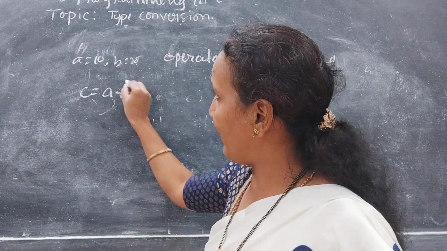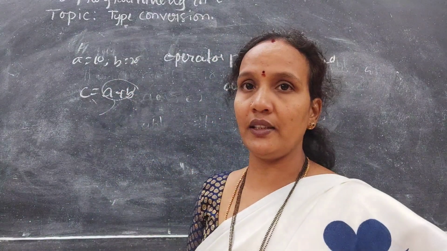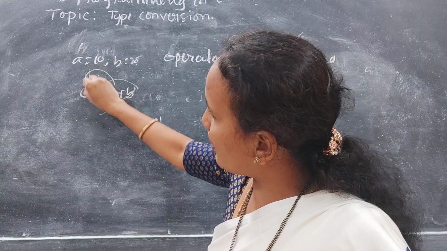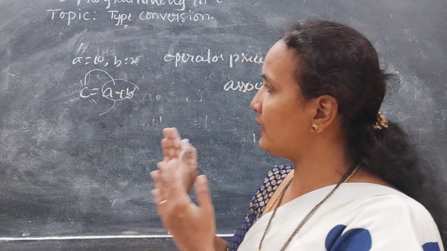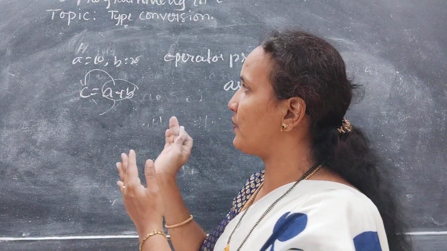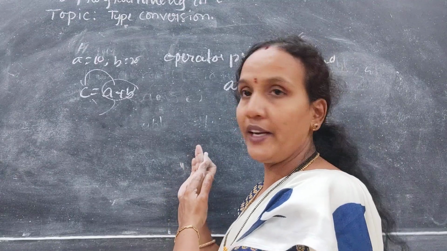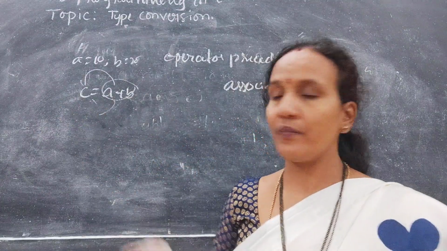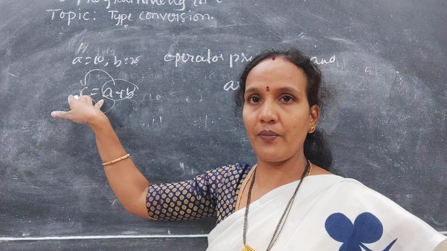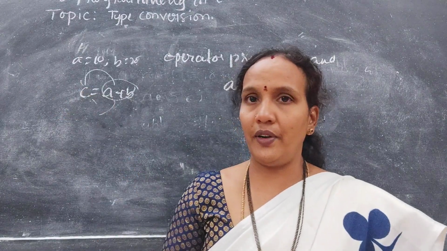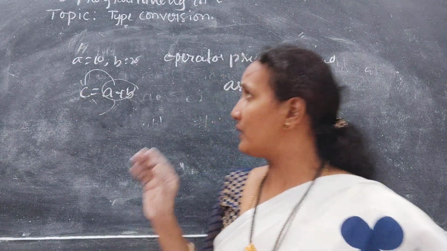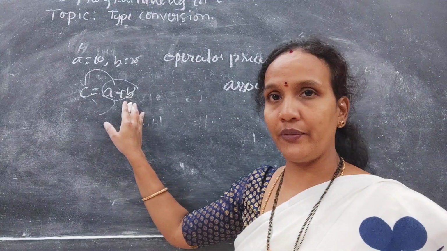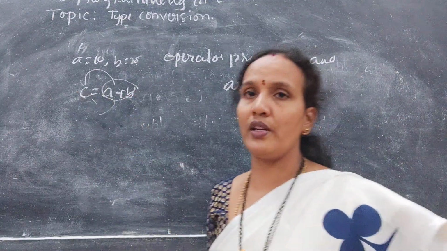First, a plus b is calculated and that value is stored in c. Means the precedence is from right to left. How is it evaluating? Right to left. Okay. So that is different. Now, this is a plus b, that is calculated first, and that result is stored in c.